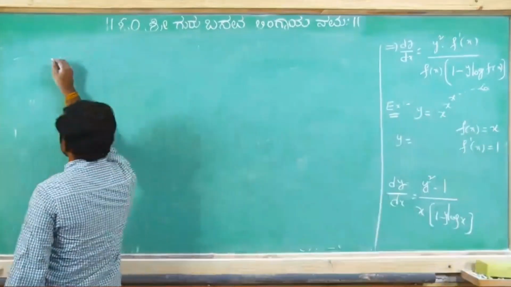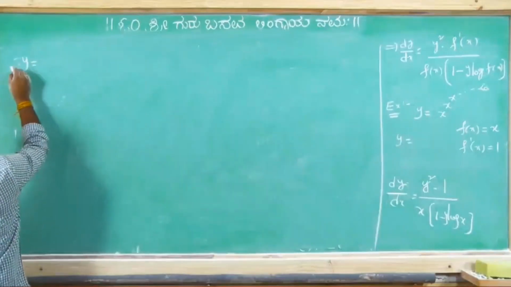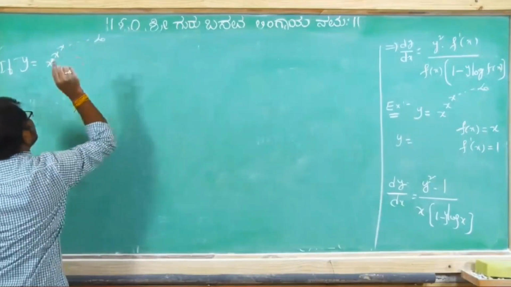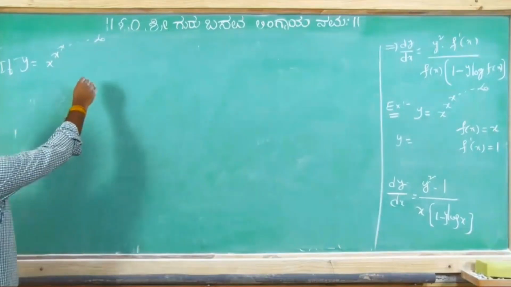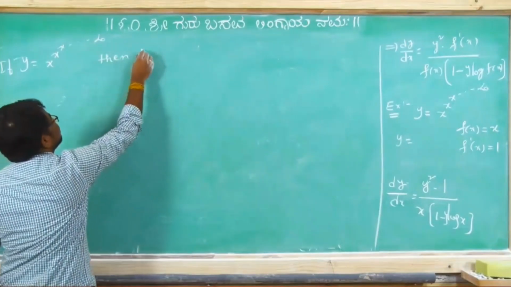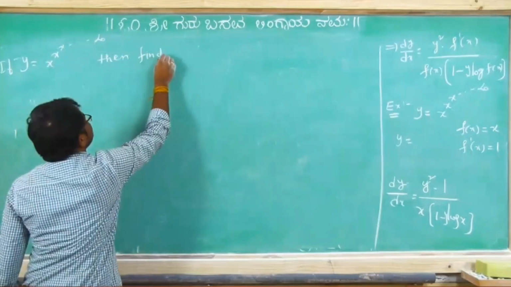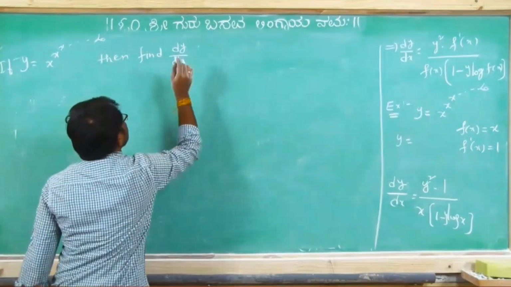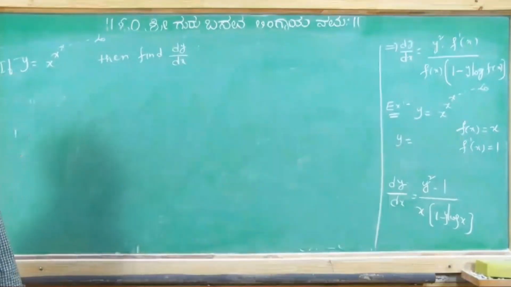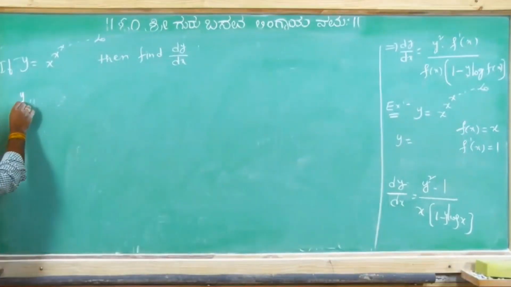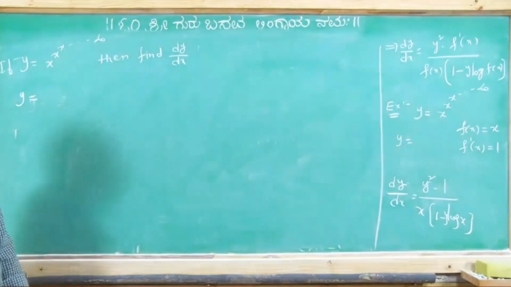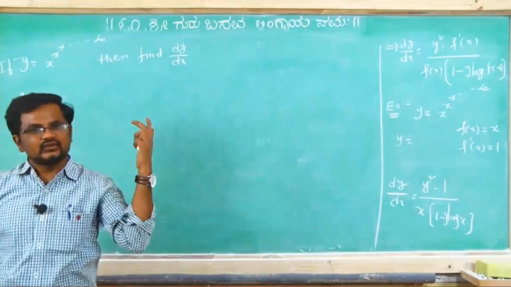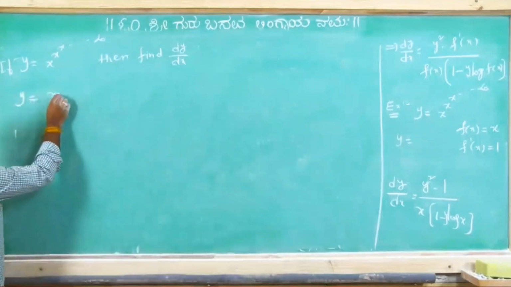What is the given function? If y equals x power x up to infinity, then find dy by dx. Now y equals, what we have to take, from where it is repeating, that function again as y. So x power y.